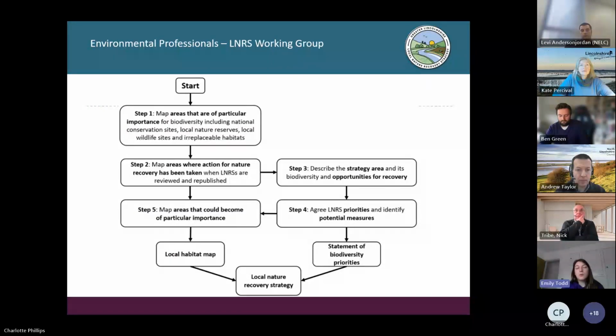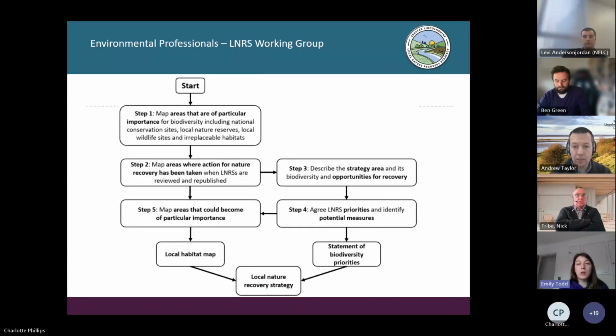So the local nature recovery strategy has different steps in its production. It's composed of a local habitat map and a statement of biodiversity priorities. These will create the local nature recovery strategy and will work closely together. The first step of production of the LNRS is step 1, and this is to map areas of particular importance for biodiversity.